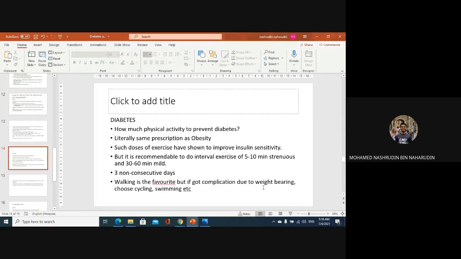So other option, if they can't, for example if the comorbidity is arthritis, you can choose other options like cycling and swimming, okay, or other non-weight bearing type of aerobic exercise to your diabetic patient or client to prescribe this kind of training program to them.